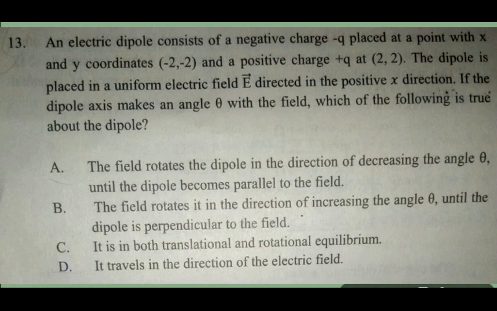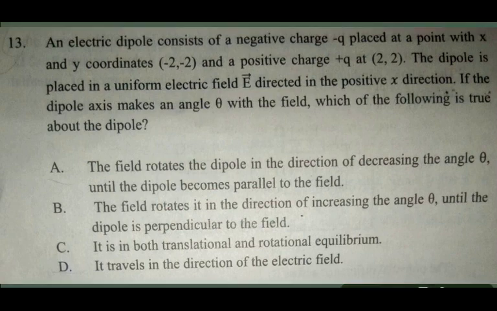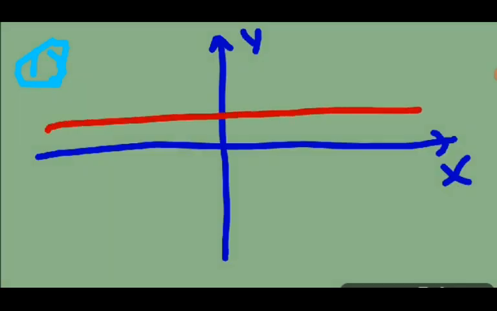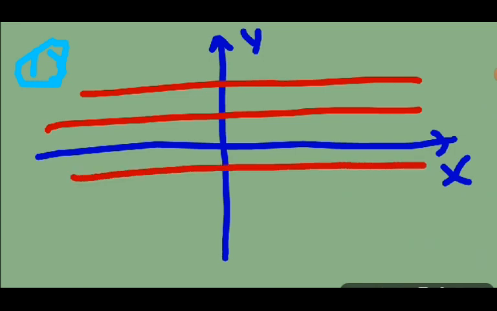Number 13. An electric dipole consists of a negative charge Q placed at the point with coordinates minus 2, 2 and plus 2, 2, one positive, the other negative. Which means that we have the y-axis and the x-axis. So we have the electric field in the horizontal direction, which is parallel to x.